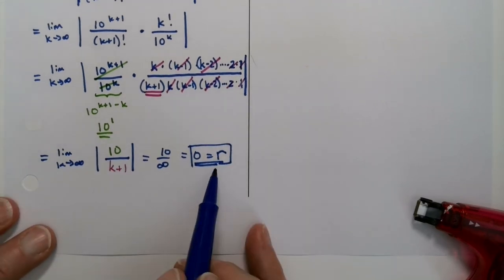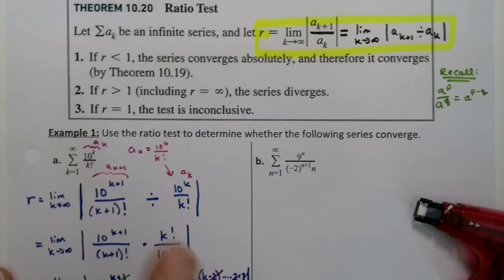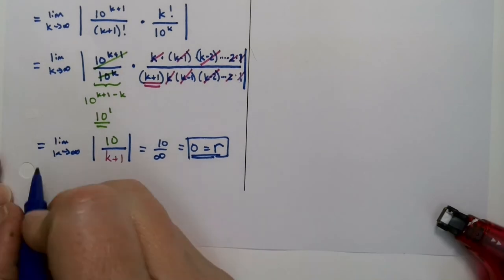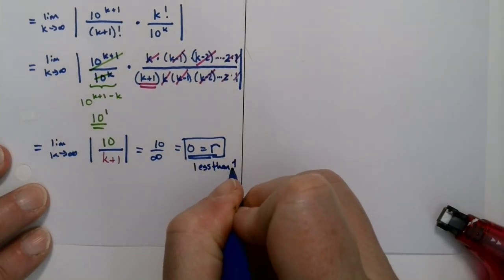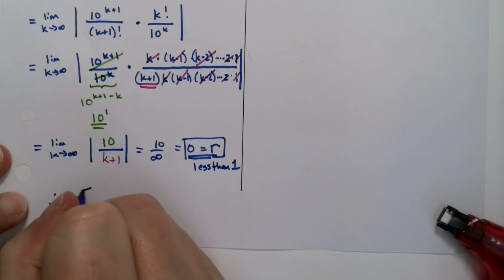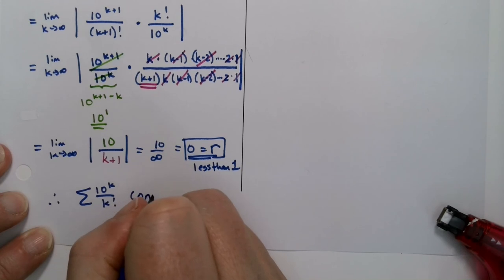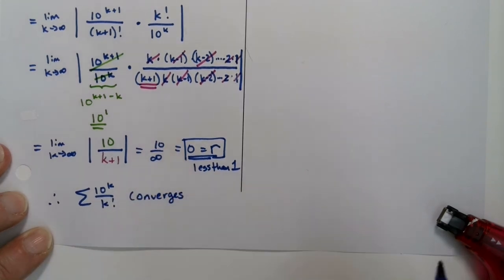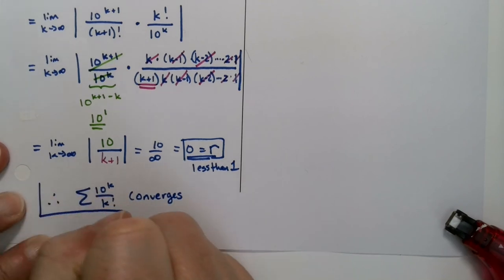Okay, but notice r is 0. 0 is less than 1. Therefore, this series converges absolutely. So this is less than 1. Therefore, the series that we were given, which was 10 to the k over k factorial, converges absolutely. And therefore it converges. So it converges absolutely, and therefore it converges.